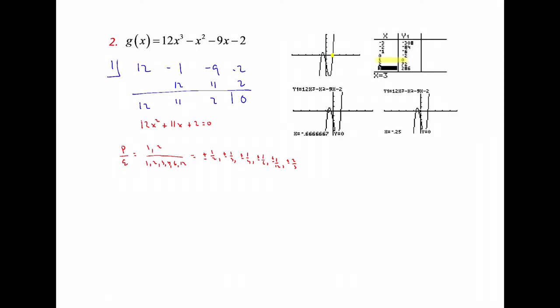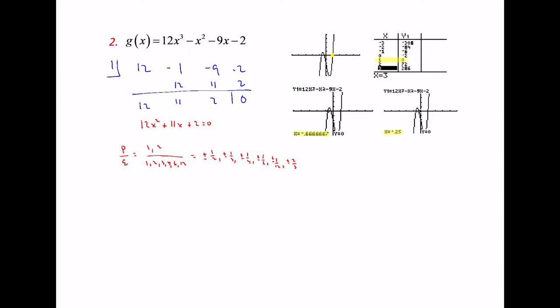And so what you can see I did on my calculator is I plugged some of these values into the trace function, and I plugged in negative 2/3, and we can see that that one gave us a y value of 0. I also later on plugged in negative 0.25, which is negative 1/4, and also found 0.